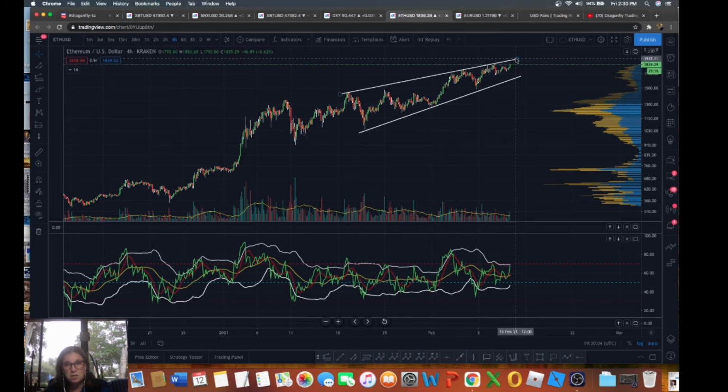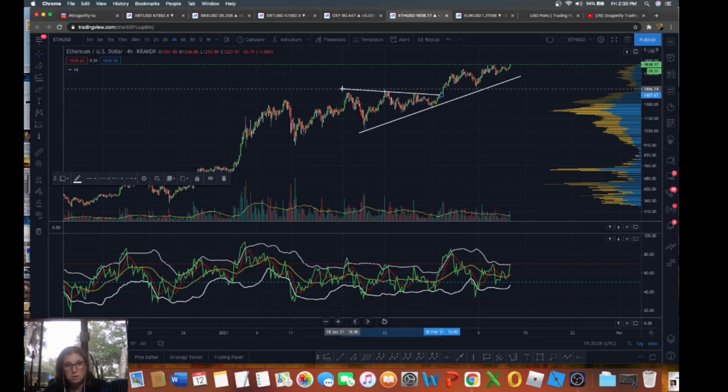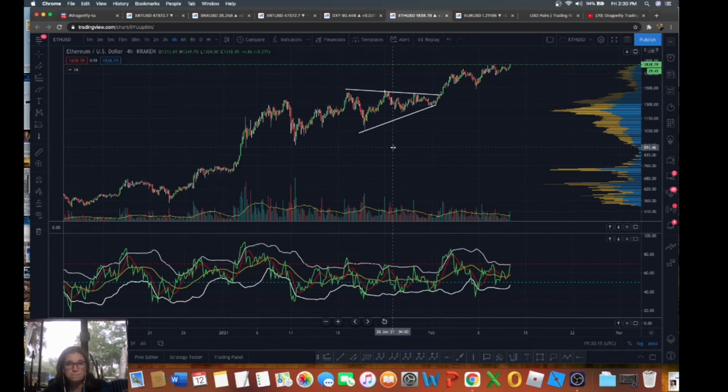I do see a legitimate possible triangle here, and I went over this last time. But the triangle doesn't make any sense to me.